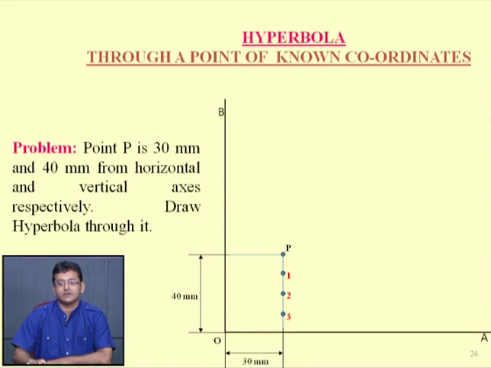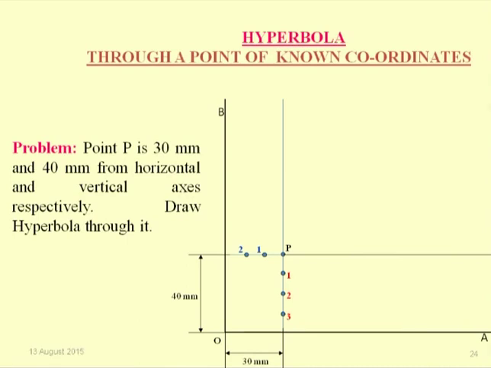Similarly, draw a horizontal line from point P and divide this line into equal parts and name them 1 and 2. Now draw a horizontal line which is parallel to the line OA, and from P draw a vertical line which is parallel to OB.